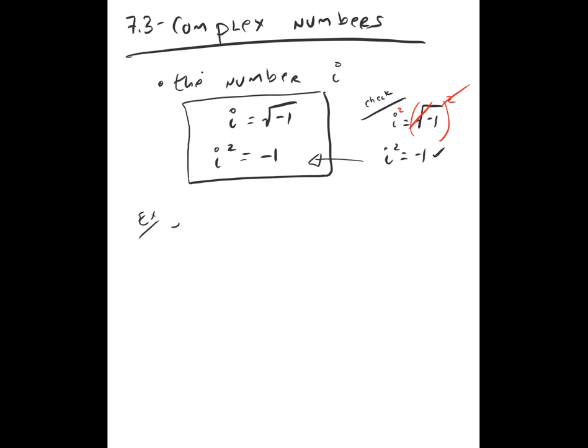It tells us to express each number in terms of I. We start off with our first example, which is the square root of -7.